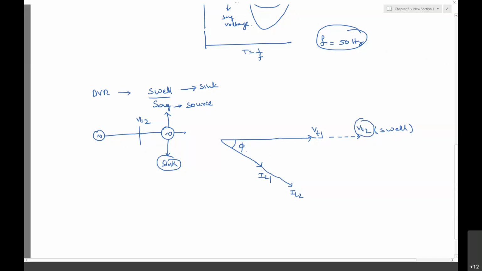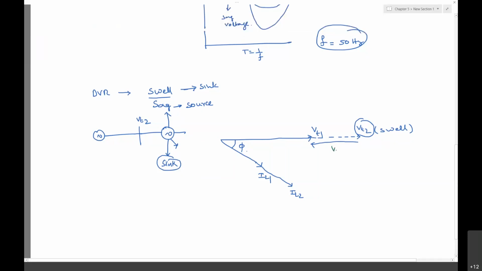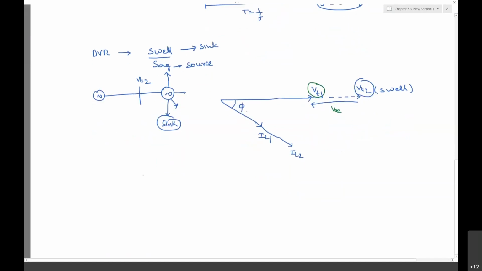Now, what this source has to do is inject the voltage in the opposite direction, the series active power. What happened then? Then the terminal voltage VT1 is going to be obtained at the load point.